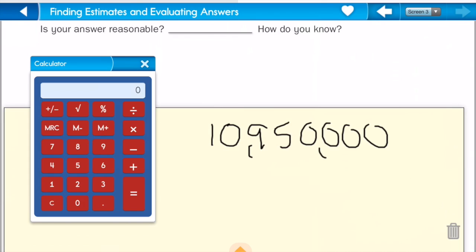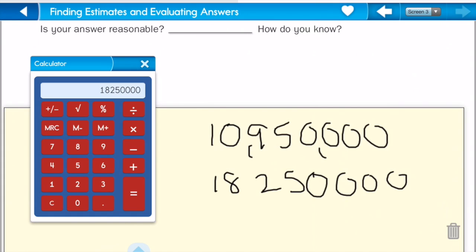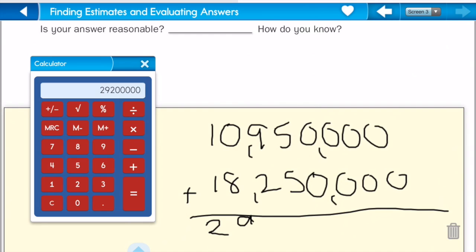And let's do 50,000 times 365. Now let's add those up. And we get 29,200,000.